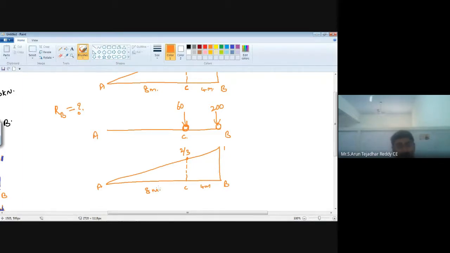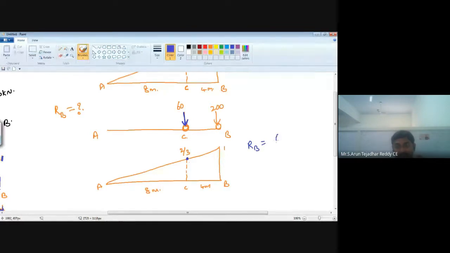Very simple, because it is a point load. Once remember your first problem number 1, we had point loads. So what is the formula? That is RB is equal to the load into ordinate.